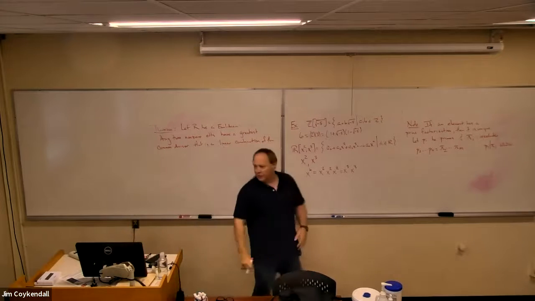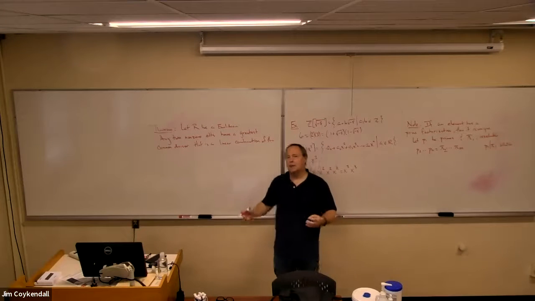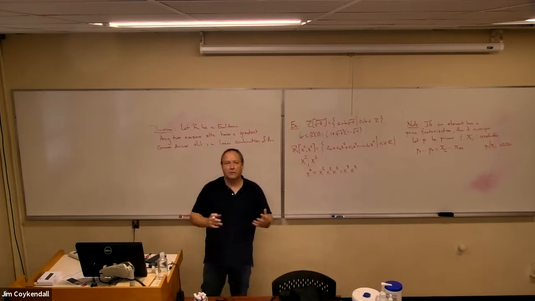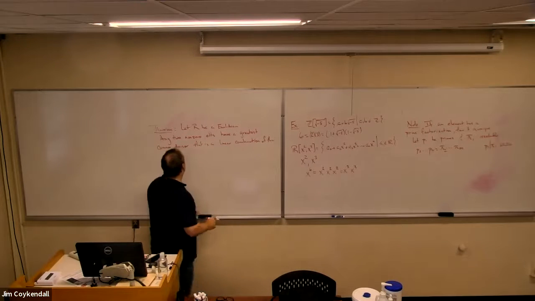So if I walk up to you on the street and give you two elements, X and Y, not only do X and Y have a greatest common divisor, but you could write that greatest common divisor as a linear combination of X and Y.